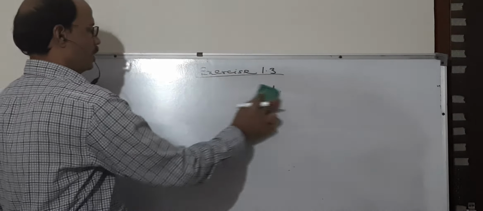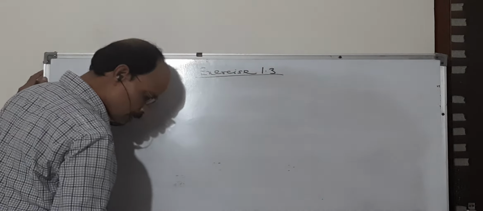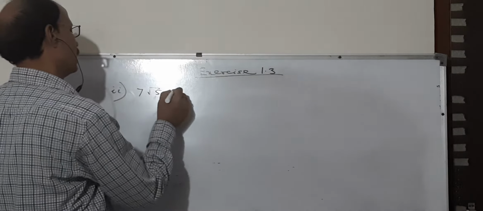So let's proceed to the second question. What is the second question? You have to prove 7 root 5 is irrational.